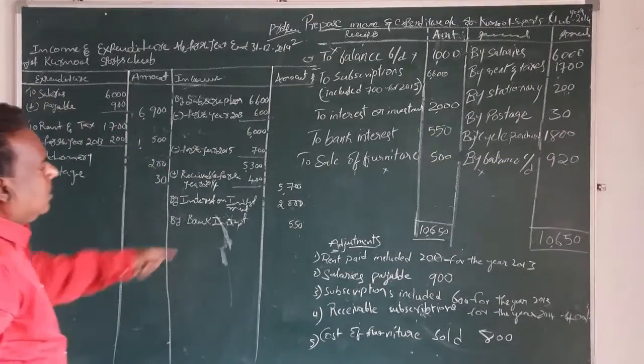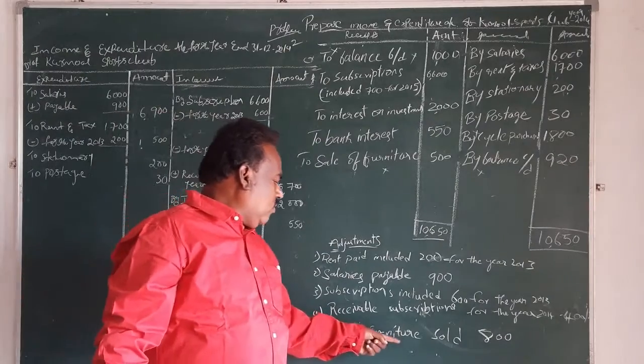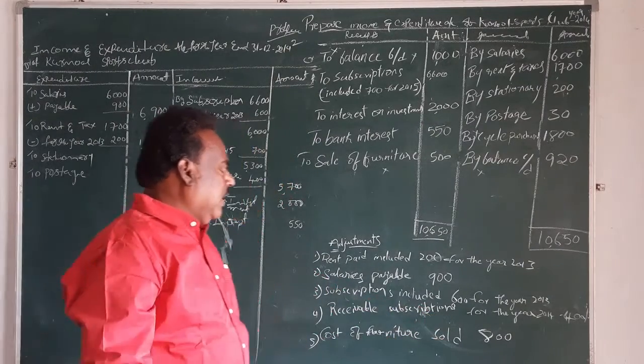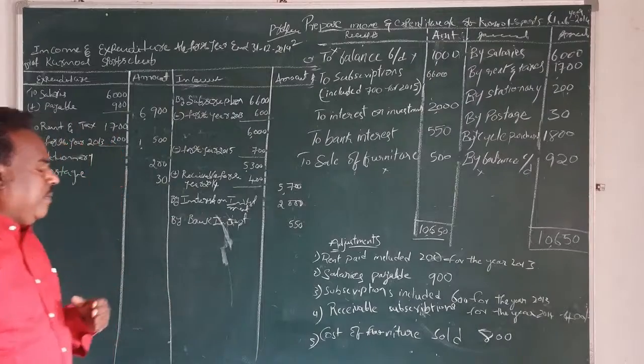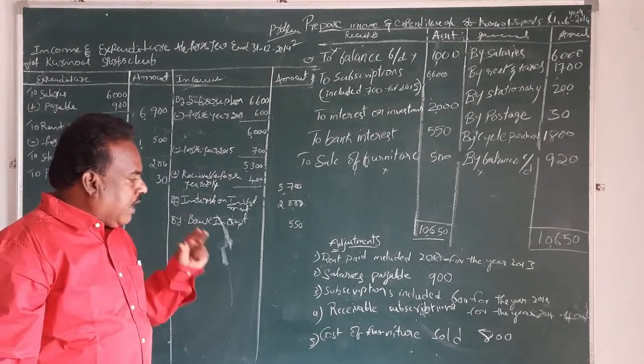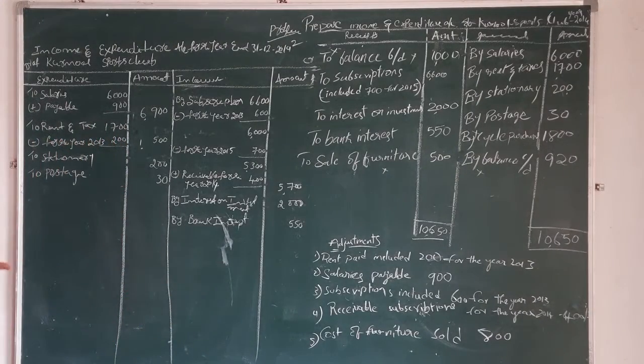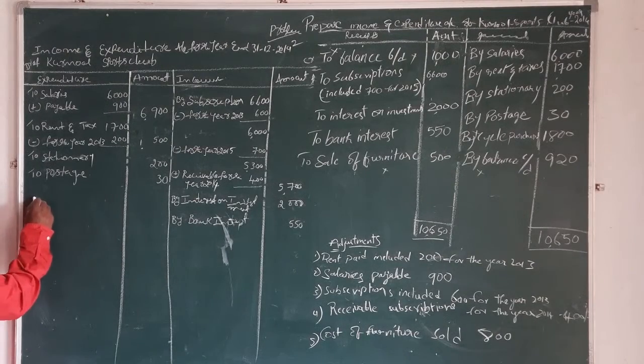Next, sale of furniture 500, whereas cost of furniture sold 800 rupees, nearly 300 rupees loss on sale of furniture. So such 300 must be debited to the income and expenditure account. Why? Because it is a revenue expenditure, a revenue loss for the current year.